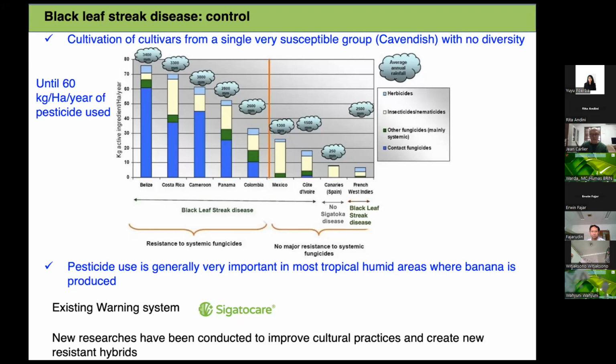So we need new research, and new research has been conducted to improve agricultural practices and to create new resistant hybrids.